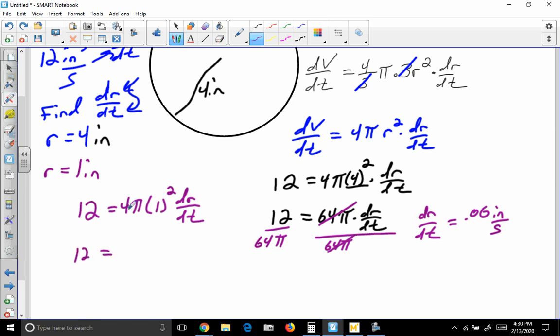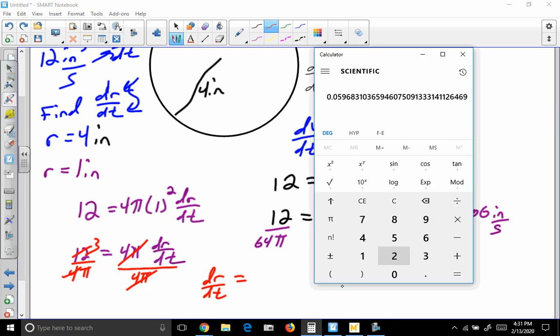On the right side, 1 squared is 1, times 4 pi is 4 pi. If we divide both sides by 4 pi, the 4 pi's cancel. So dr/dt equals 12 divided by 4, that reduces to 3 over pi.